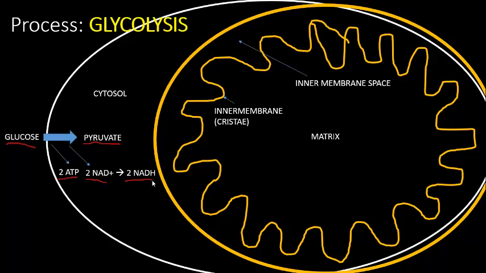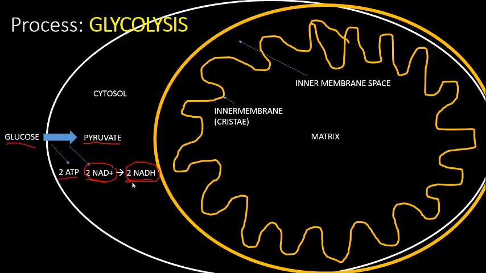NADH is an electron carrier. When glucose gets oxidized during glycolysis, its electrons are removed. Those electrons get sent over to NAD+, so NAD+ gets reduced and it forms NADH. NADH is going to function in cell respiration as an electron carrier.